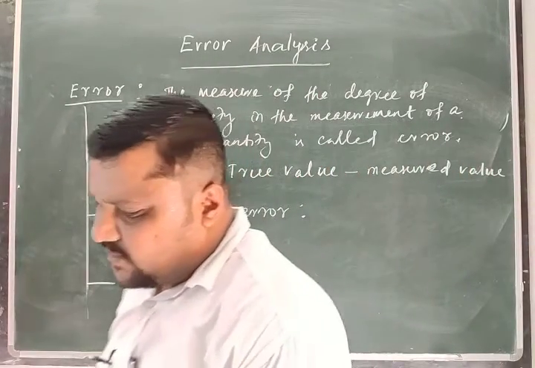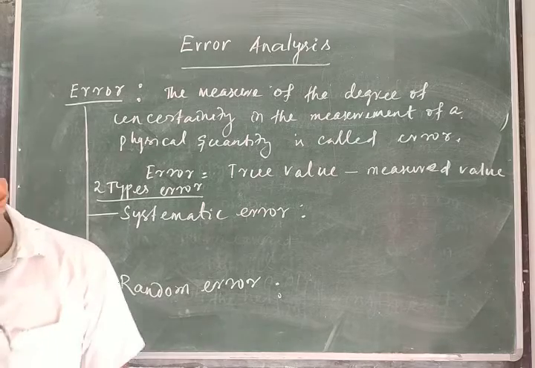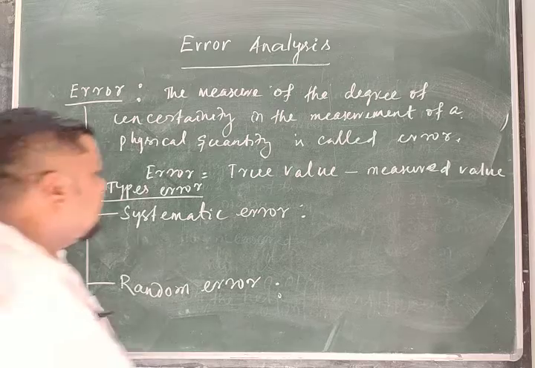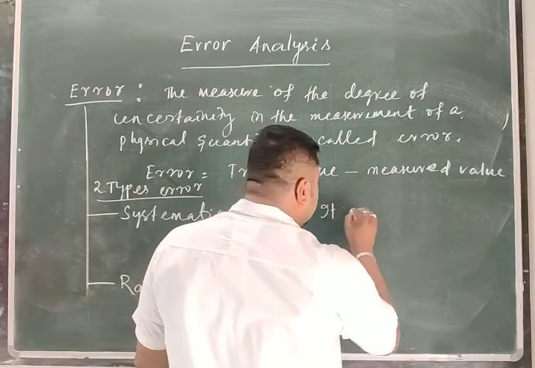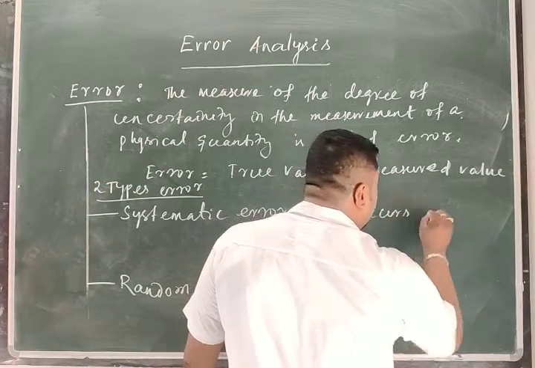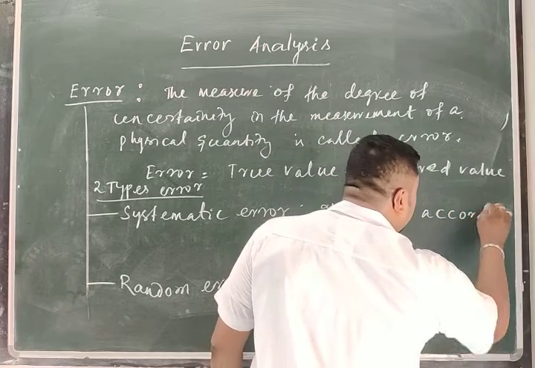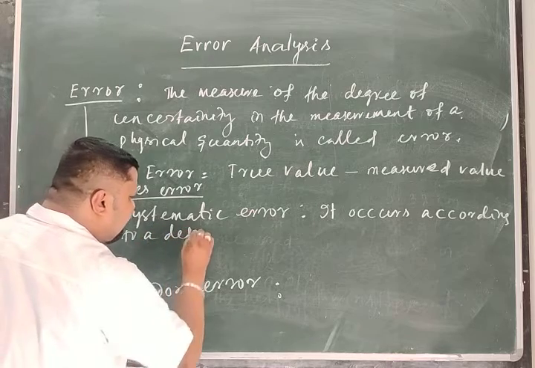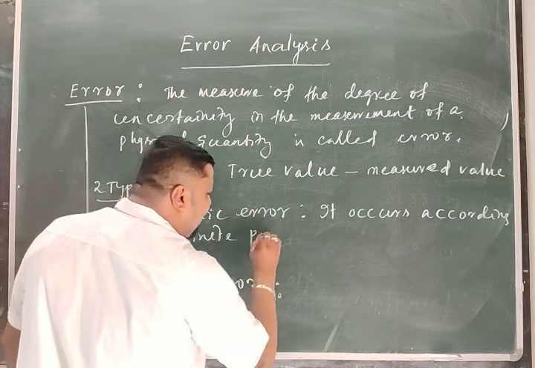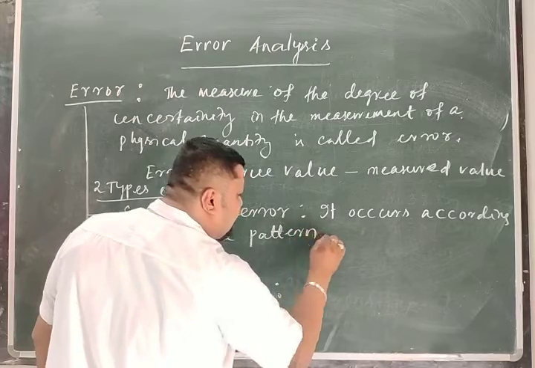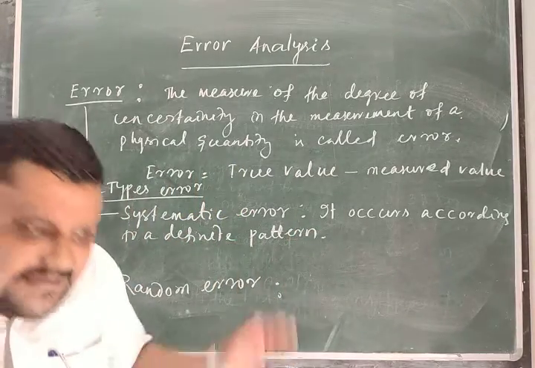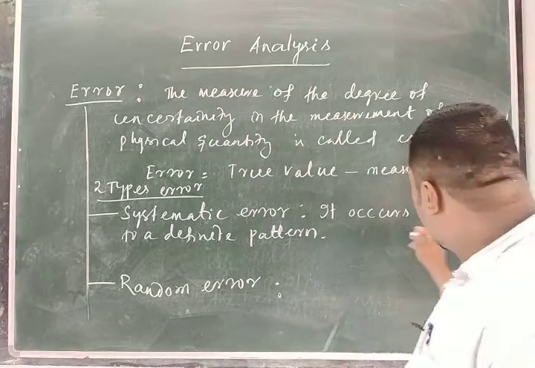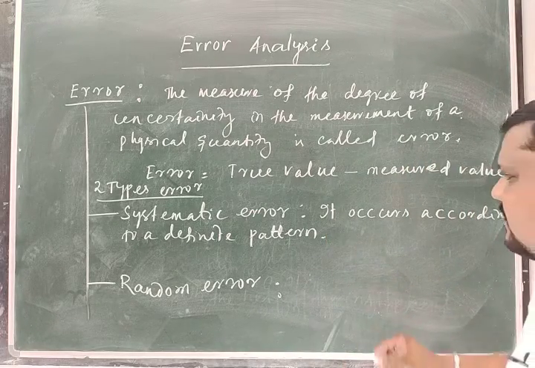So the systematic error is the error which occurs according to a definite pattern. Means in a systematic way, the error comes. So that's why it occurs according to a definite pattern.